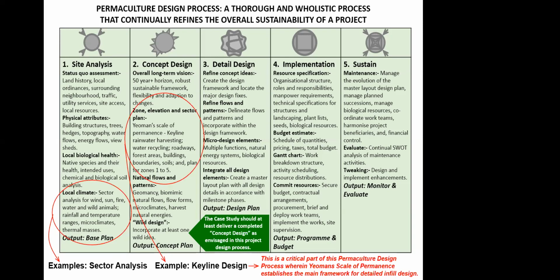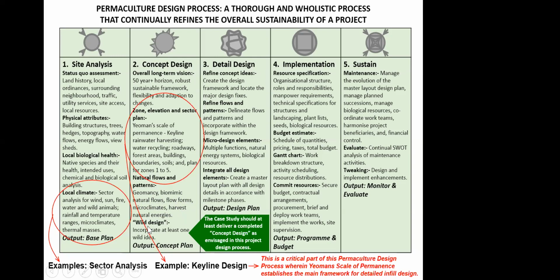If you do have time in your designs, the next level, once you've got this framework, is, for those of you who are inclined to using geomancy or biomimicry and looking at natural flows through the landscape, to see where you can mimic and create some flow forms, microclimates, and where you can harvest natural energies.